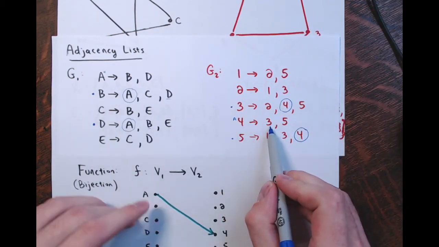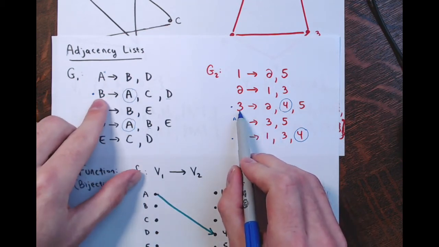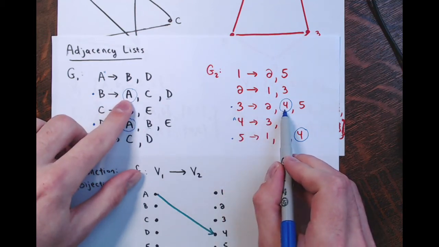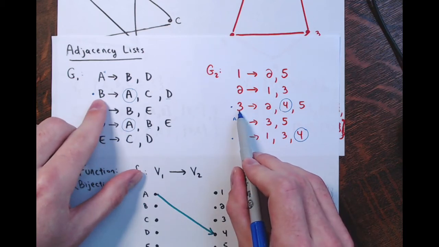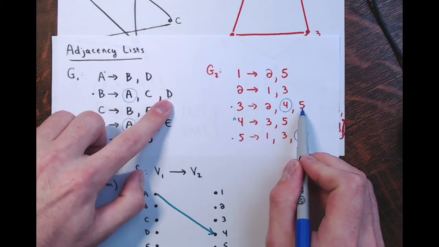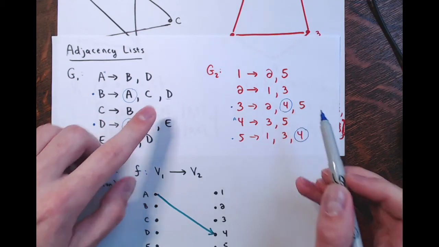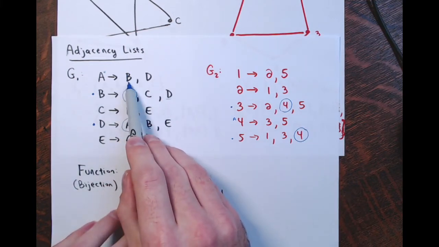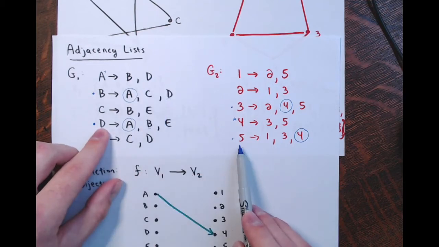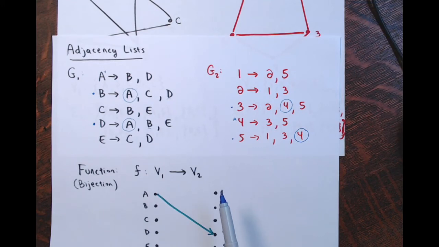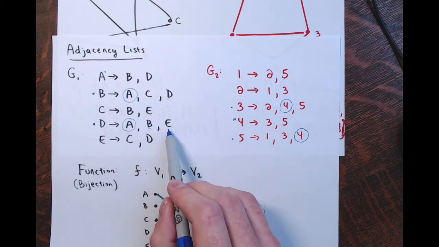If B was 3, well, you got B to A, then 3 to 4, right? Then 3 to 5. Now remember, if B is 3 and D is 5, great. D would have to be 5 in that case. Now, what if I switched them? What if I had B be 5 and D be 3? Well, let's see. 5 to 3. Those work out too. But then you've got E there.